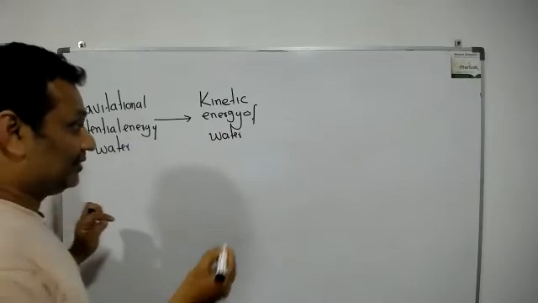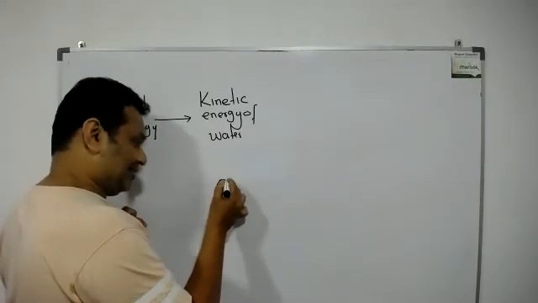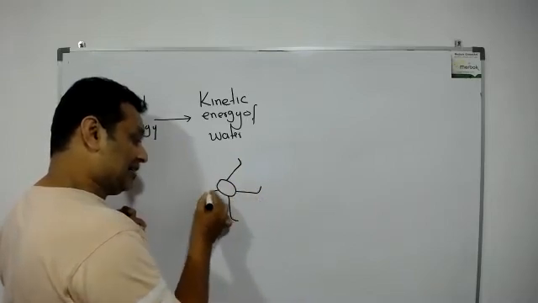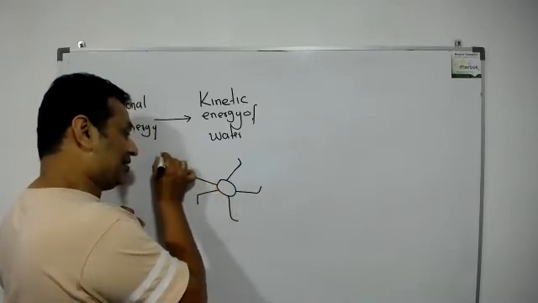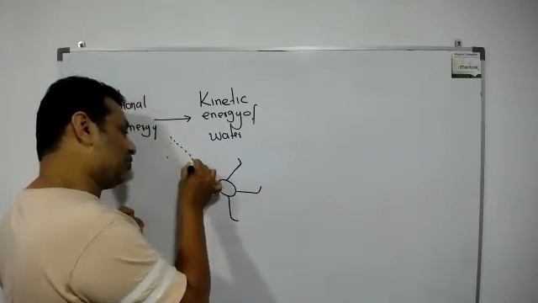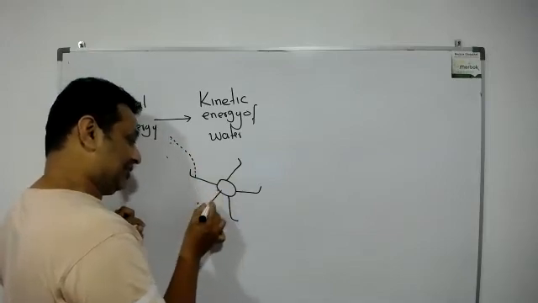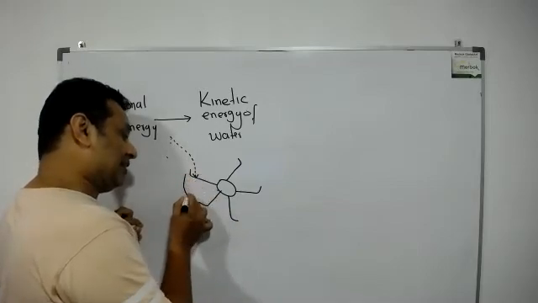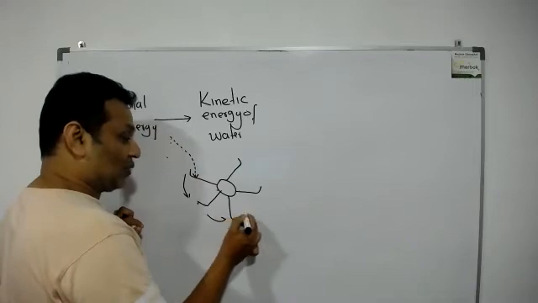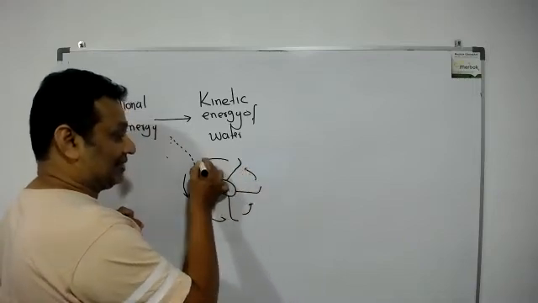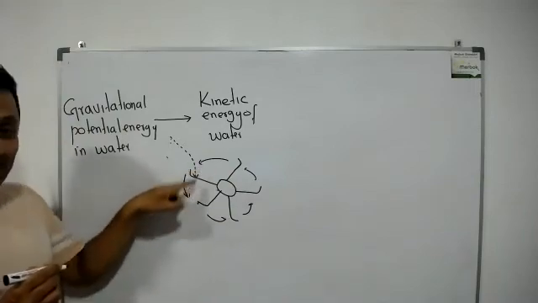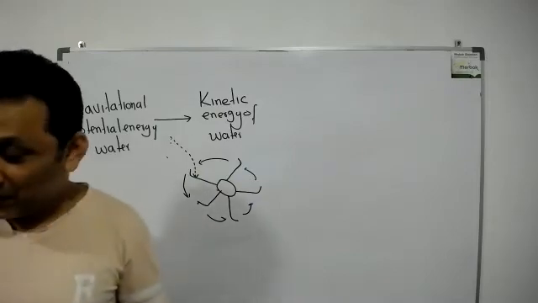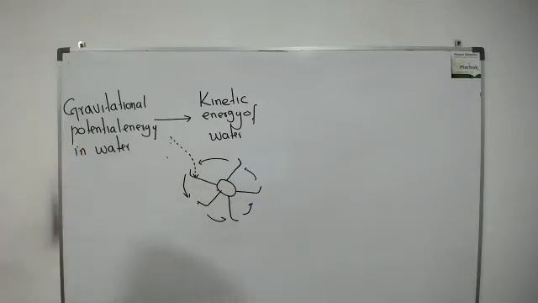Okay, the water falls on a turbine in this manner. Because the water falls on the turbine, it rotates. What is the energy now in the turbine?